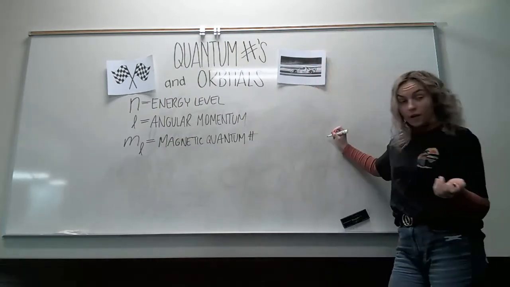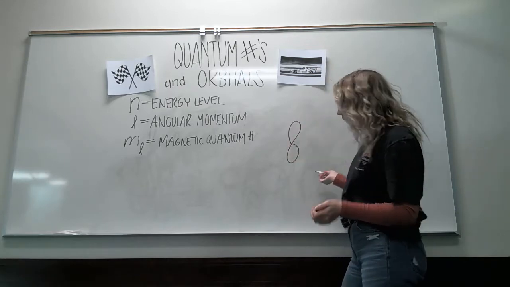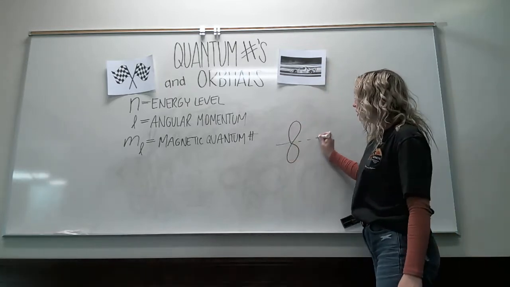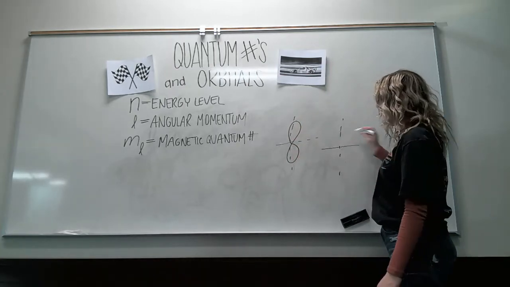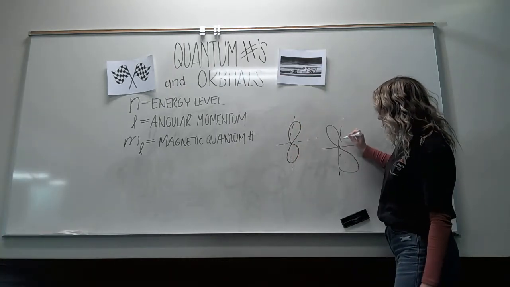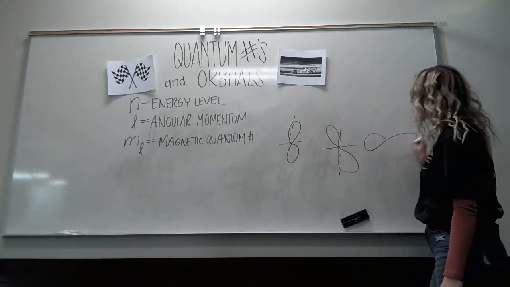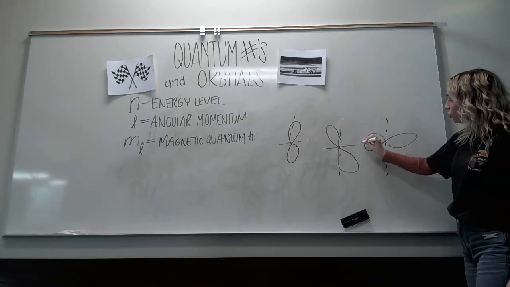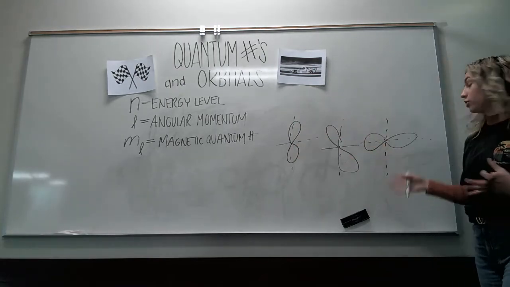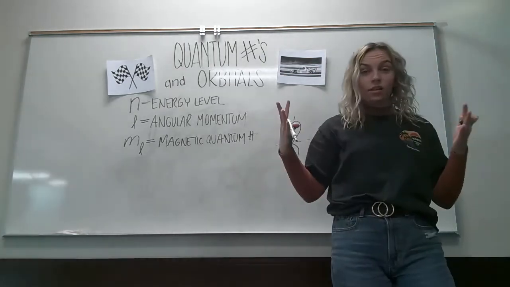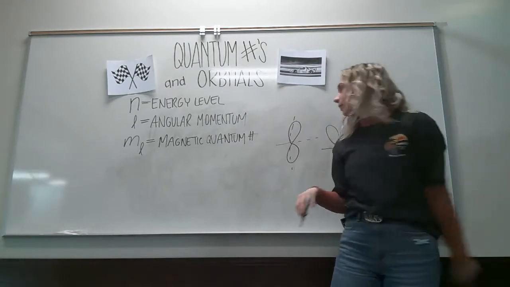So for example, we've got our orbital over here, nice and cute, but who's to say it's not going to look like this to the side? Or maybe it is side to side on the x-axis. So what this quantum number is going to do is tell you the orientation. It's still the same size, it's still the same shape, it's just twisted and angled differently.